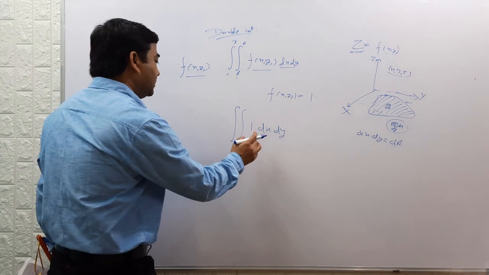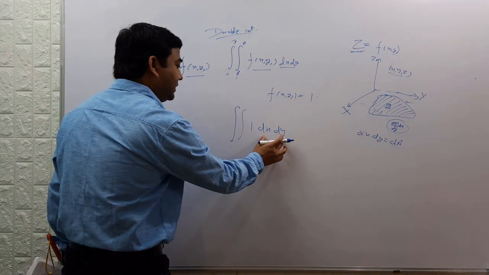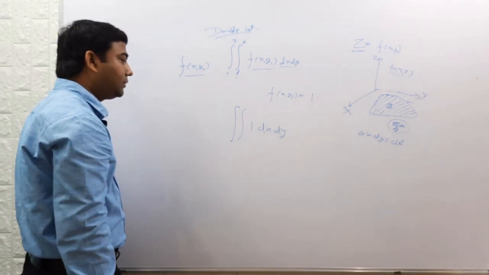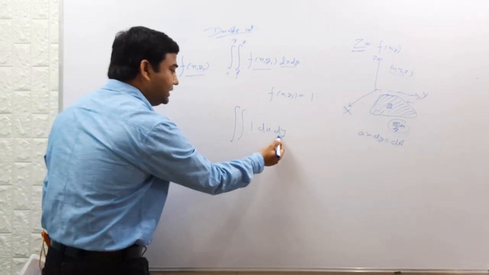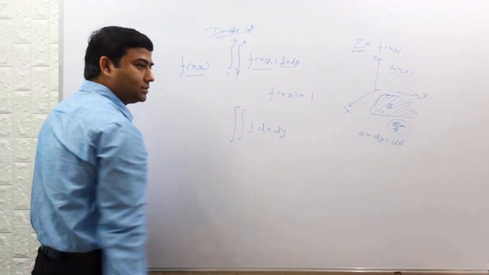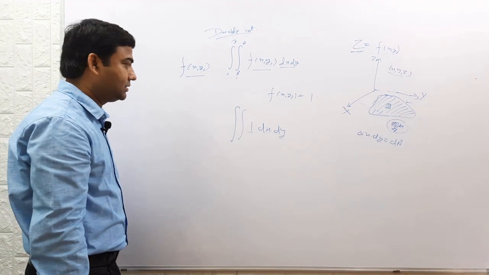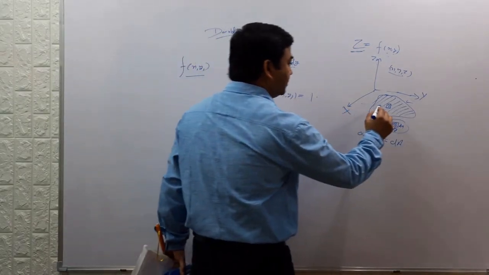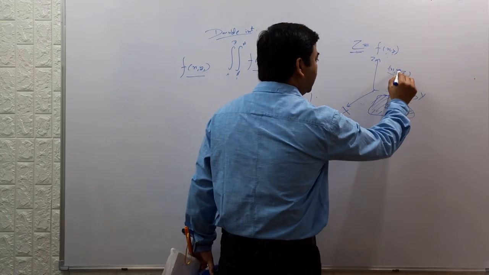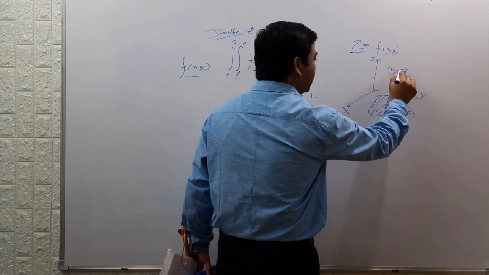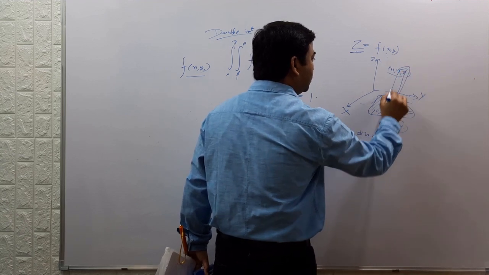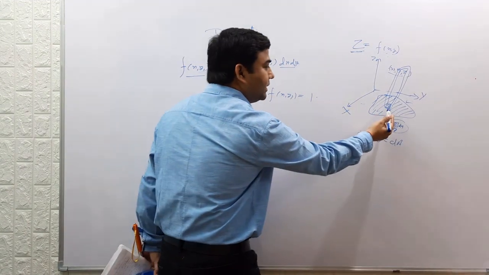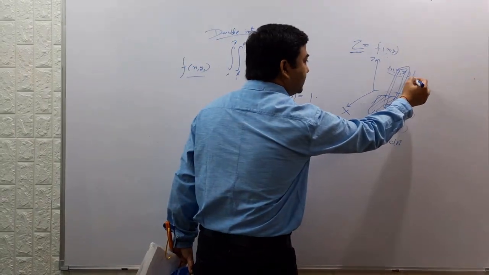So here dx into dy is a small area, and when you multiply this small area with 1, what you get? A volume. Volume of a very thin cube with its base at dx dy and height as 1.